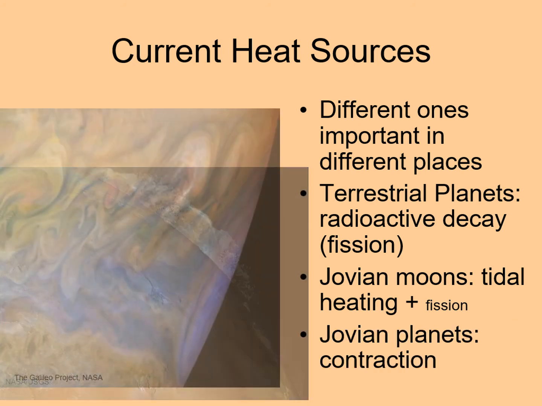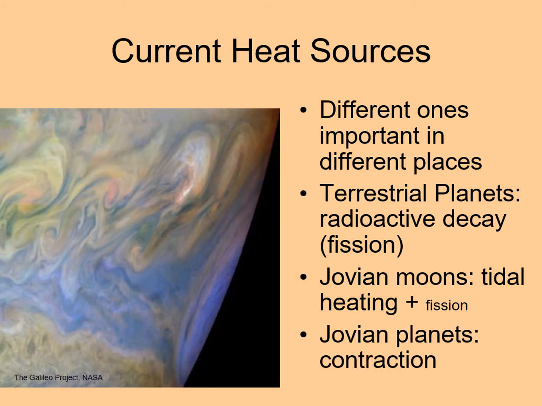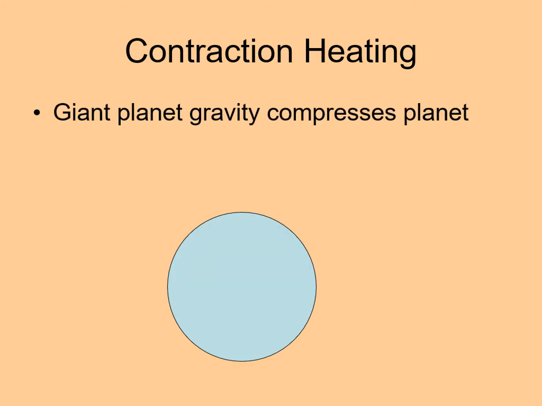Finally, the most important heat source in the Jovian planets is contraction heating. Since this is a new process, let's examine it a little more closely. We've already seen that giant planets are compressed by their own weight. Over time, as heat energy flows out of these worlds, they shrink inward on themselves.